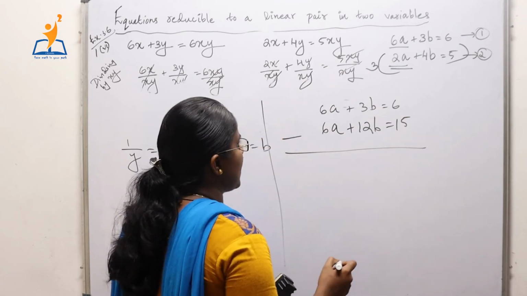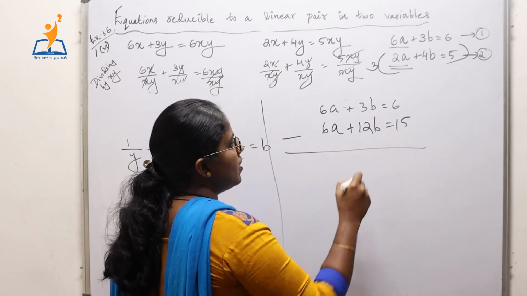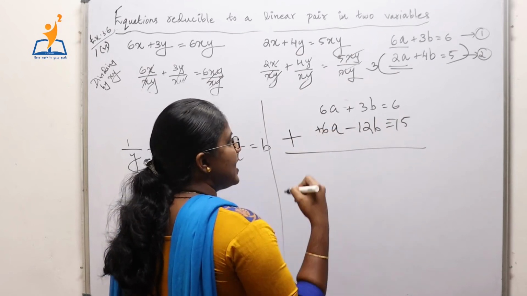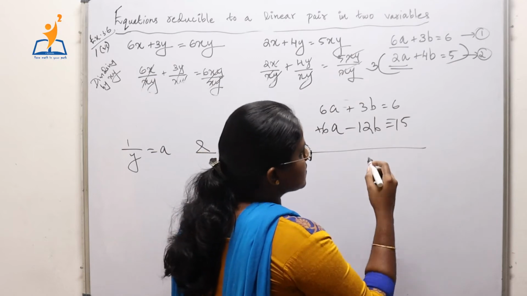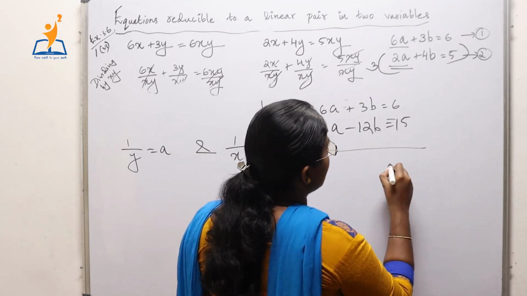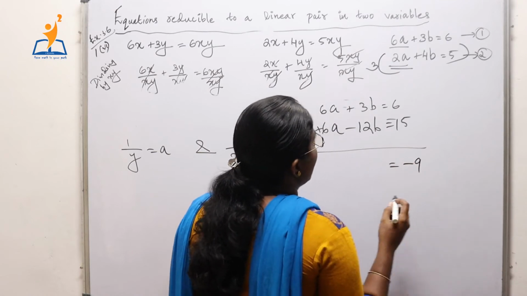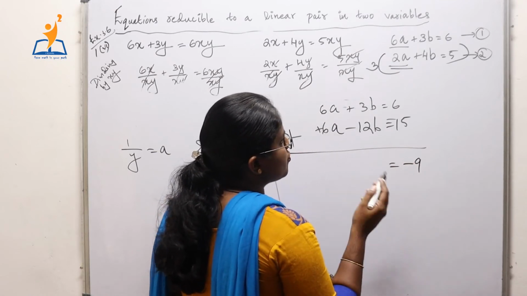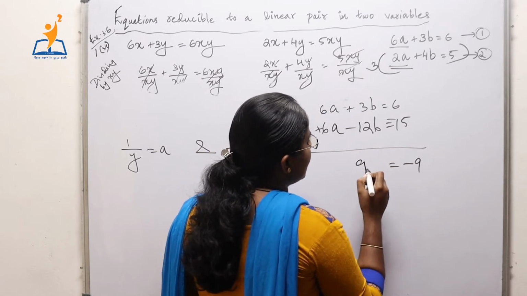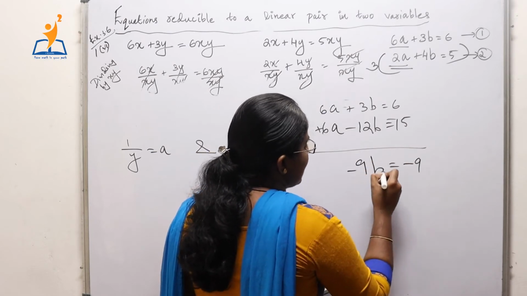In order to subtract, we are going to first of all change the signs and then add these equations. Now 6 minus 15. 6 minus 15 is simply minus 9. Again 3b minus 12b. 3b minus 12b is minus 9b.